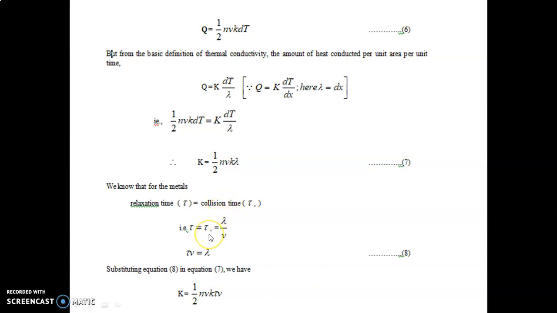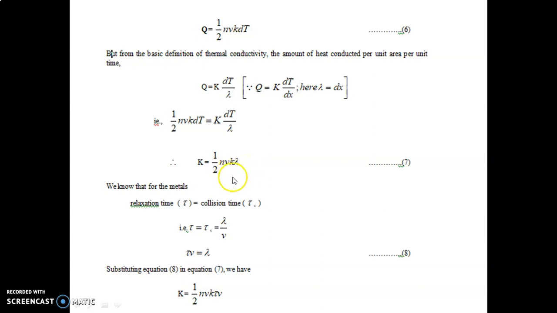So collision time equals mean free path by velocity. We know this formula already. So lambda equals collision time into velocity, that is, tau into V. We are replacing this lambda value with tau into V.